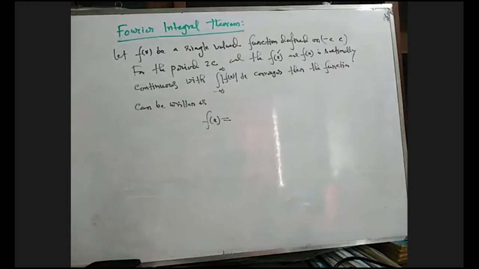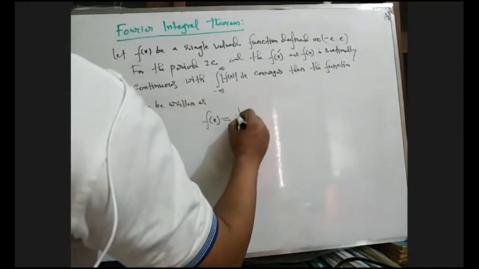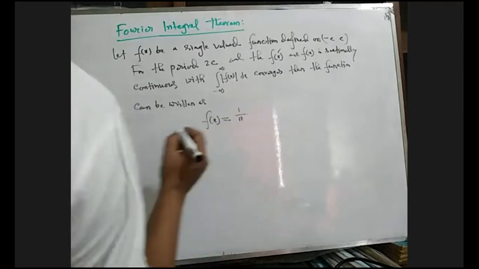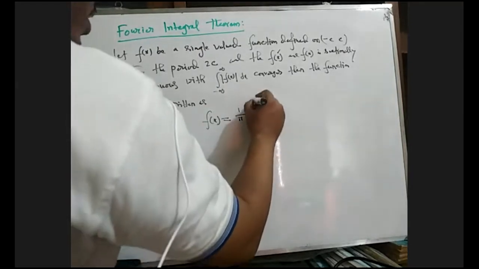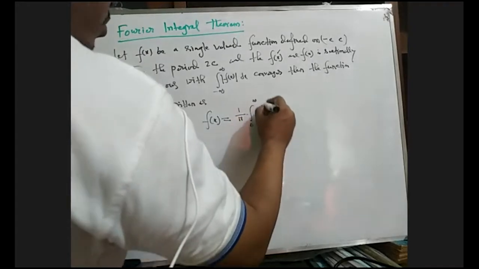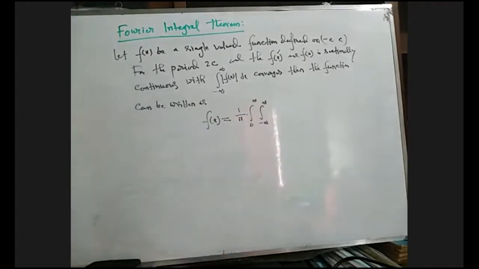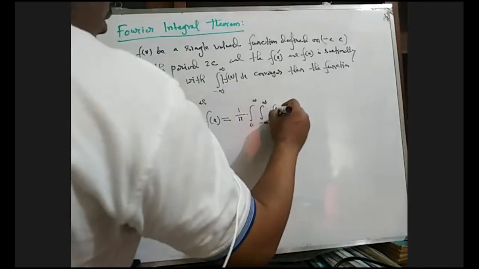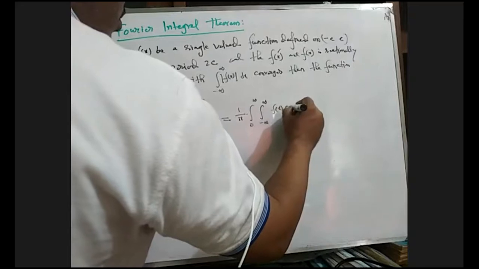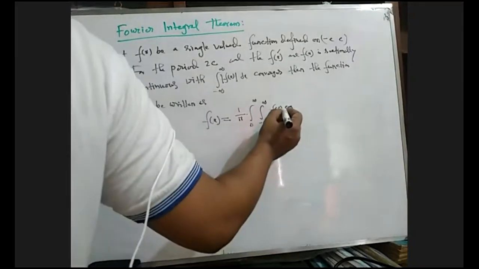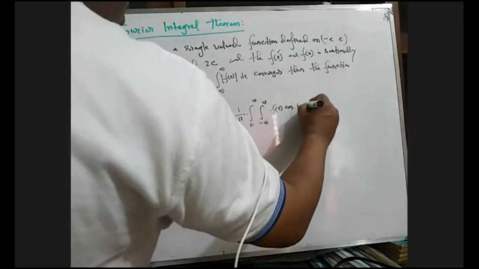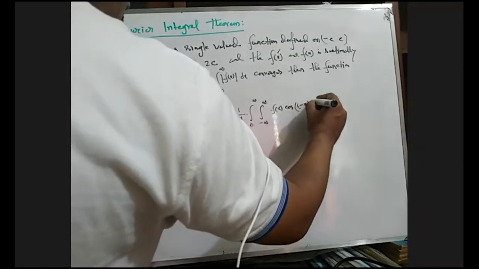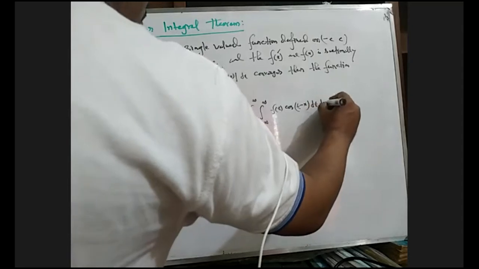f of x equals 1 by pi, double integration 0 to infinity and minus infinity to plus infinity, f of t cos u into t minus x, dt du.